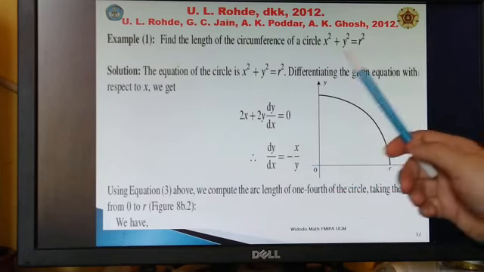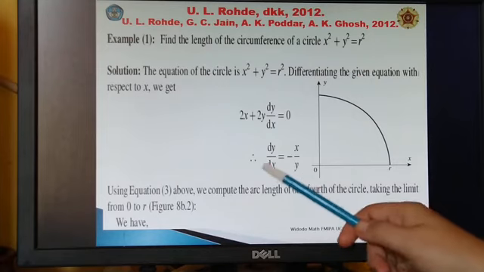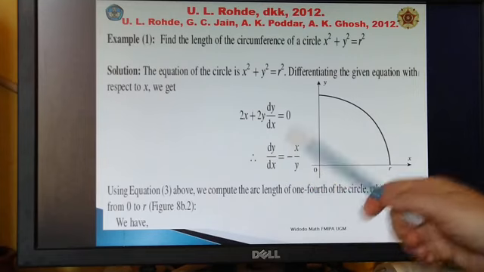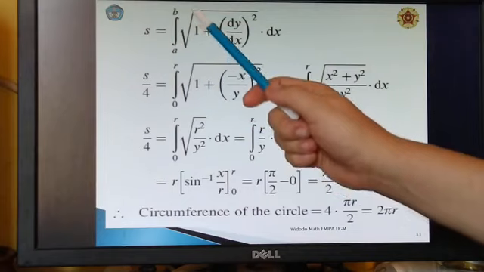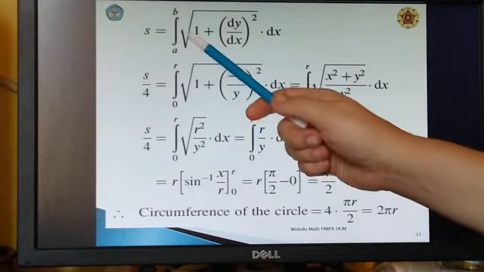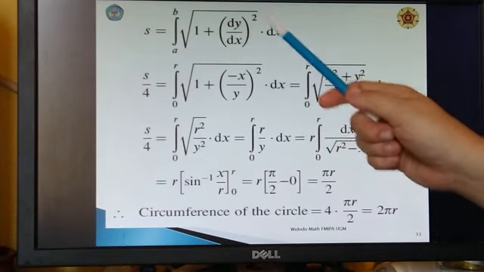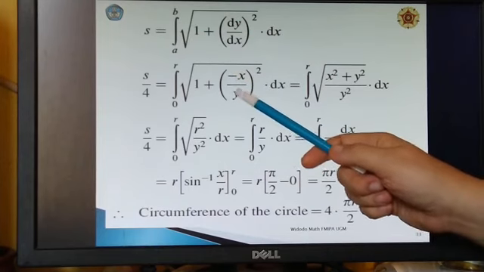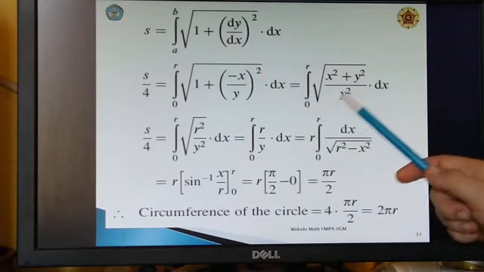Because the circle is an implicit function in Cartesian coordinates, we can square it and then put it in the formula. The formula is that s is equal to the integral from a to b of the square root of 1 plus (dy/dx) squared dx. The dy/dx is equal to minus x divided by y. If we take the power of 2, then we have this one.